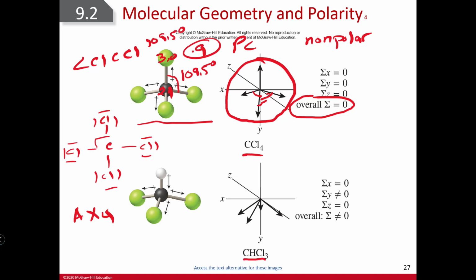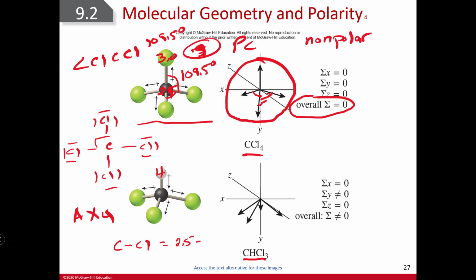So this shows you what happens when one of the chlorines is substituted and the hydrogen is placed here. The difference in electronegativity between the carbon and the chlorine is 2.5 minus... I did this wrong up here. This was 2.5, so a difference of 0.5 up here.